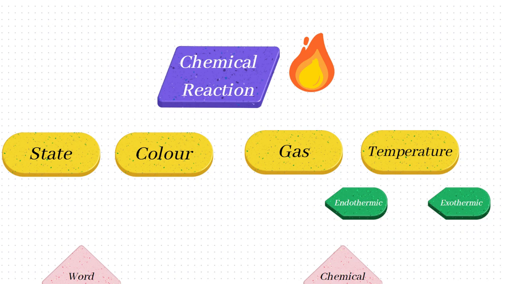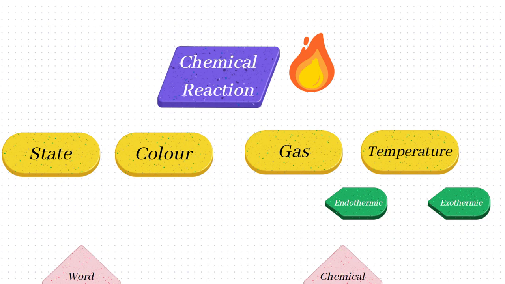So endothermic means when the reactants absorb heat energy, so its temperature will rise. Exothermic reactions release energy. They can be released in the form of heat, energy, electricity, etc. But the energy absorbed will be in the form of heat only.